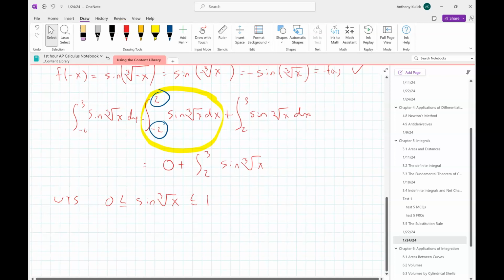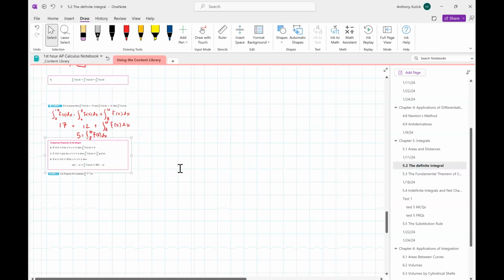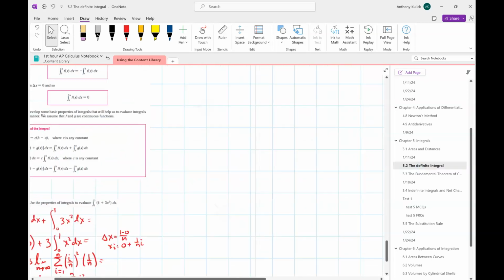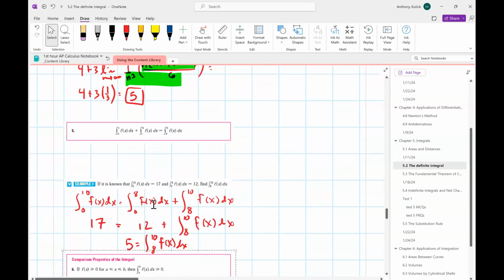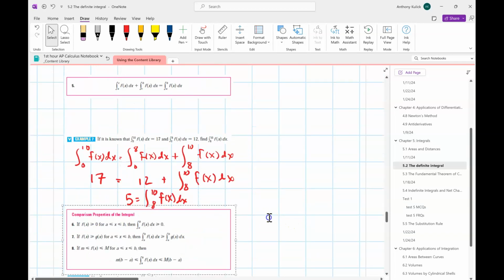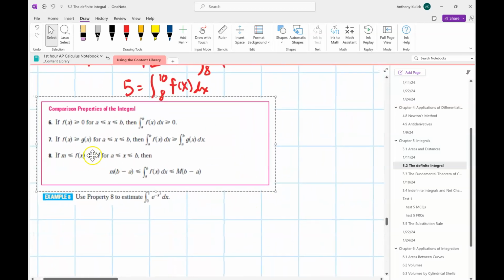Okay, so the piece that I'm going to use there is, I think it's in this section. Yeah, there we go. I'm going to use property 8, which gives me a formula on how to bound an integral with a lower bound and an upper bound.